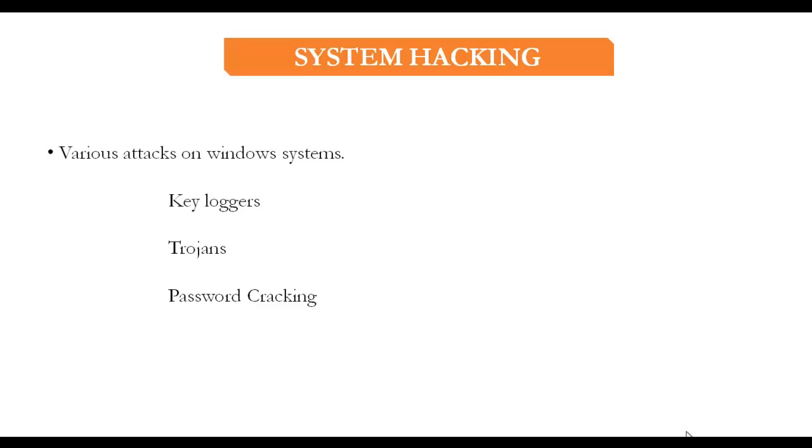If you want to understand how we can use keyloggers and Trojan horses to attack computer systems, please go through the respective modules on keyloggers and Trojan horses. And in this particular module, we look at password cracking techniques to hack into Windows systems.